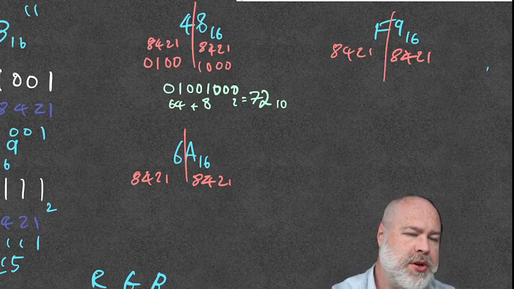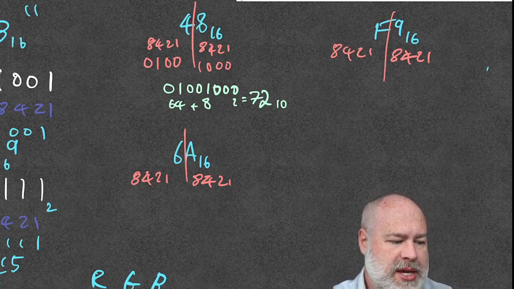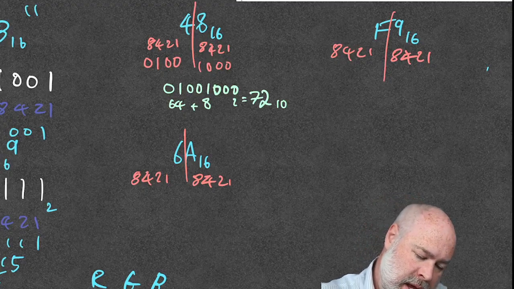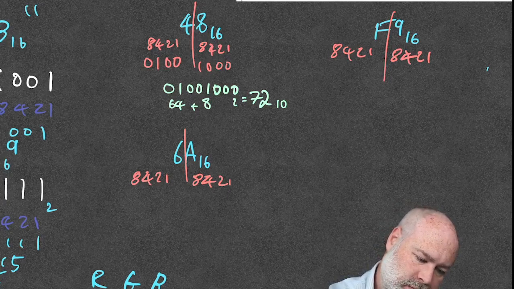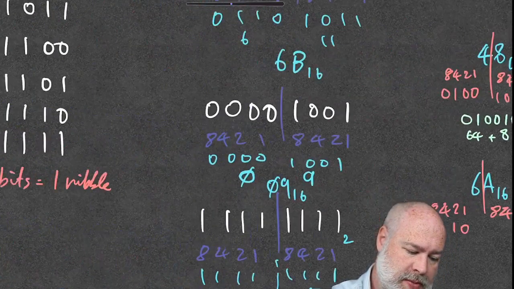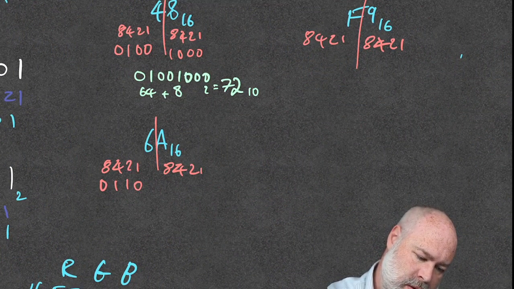Okay, so we're just doing it all different ways because you never know quite what the exam is going to ask you to convert from or to. 6A, let's have a look at that. So how do you do 6? Don't need an 8, got 4, 2, don't need a 1. A is 10, isn't it? Let's go back to our chart. So we've got 8 and a 2.